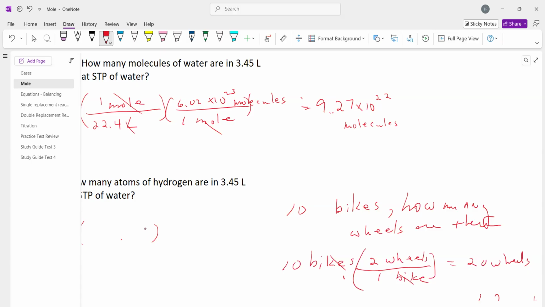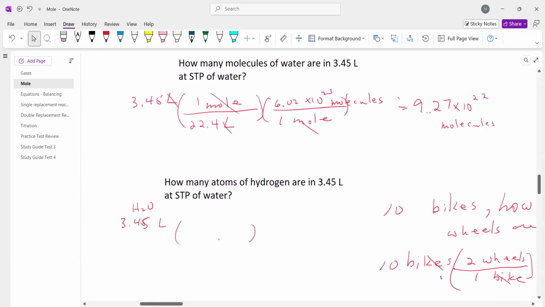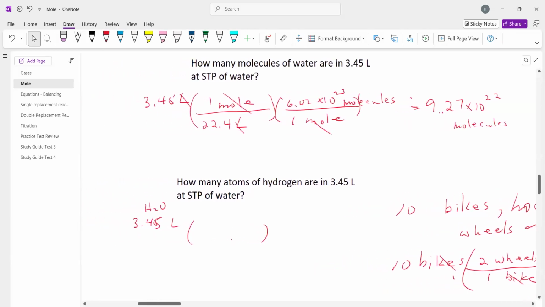See, everyone's very comfortable with that bicycle thing. But when it comes to atoms in a molecule. All right, so we got to keep that in mind. That's how we go from molecules of water to hydrogen. It's a 2-to-1 ratio. So first thing we need to do is calculate moles.